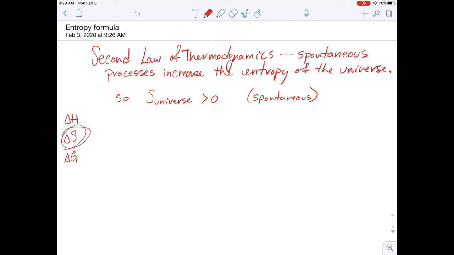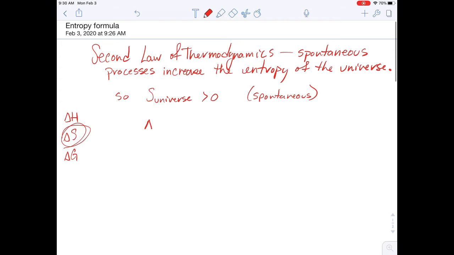So to talk about the universe increasing entropy, we need to talk about the system. So we've got the entropy of the reaction, and if we add that to the entropy of the surroundings, as long as those things are greater than 0, then it's going to be a spontaneous change.